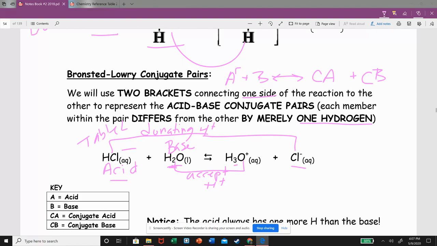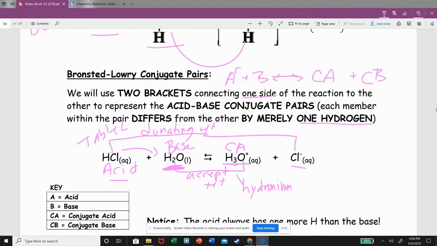The acid donates to the base, and now we have a conjugate acid-base pair on the other side. If this is the base on this side, we flip its identity on the other side. We call this the conjugate acid, and this is also our hydronium, which is our acid ion. So it still makes sense.